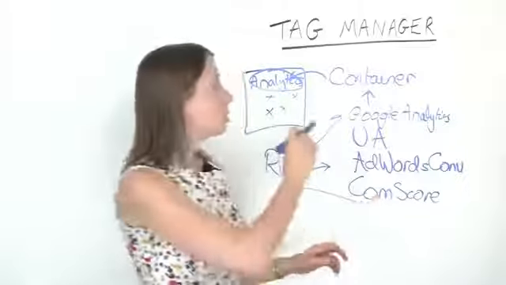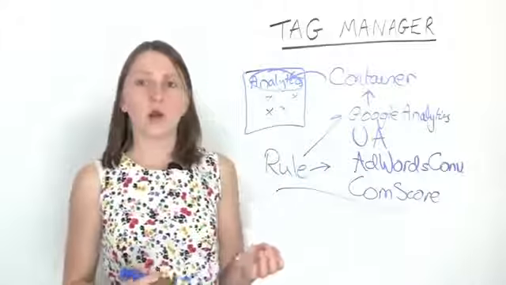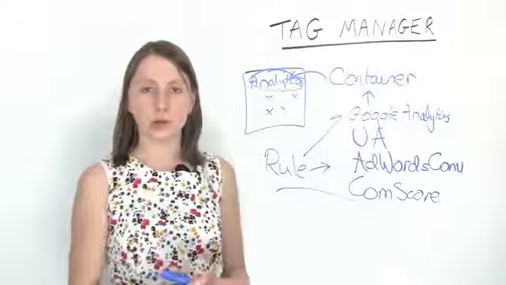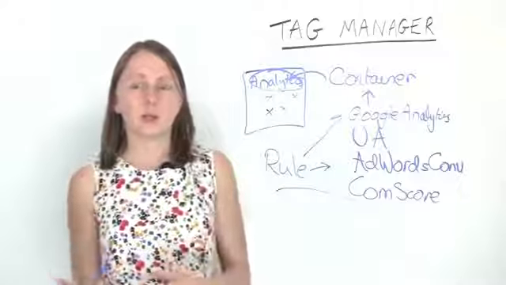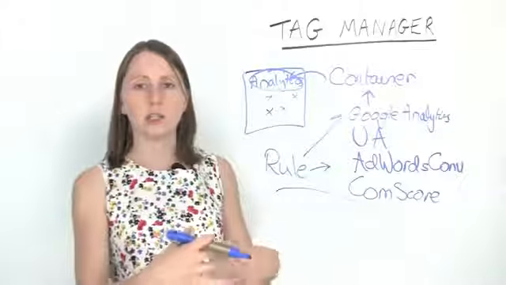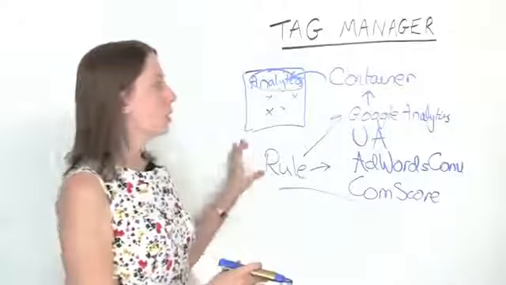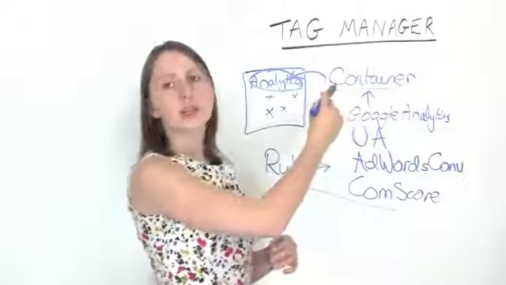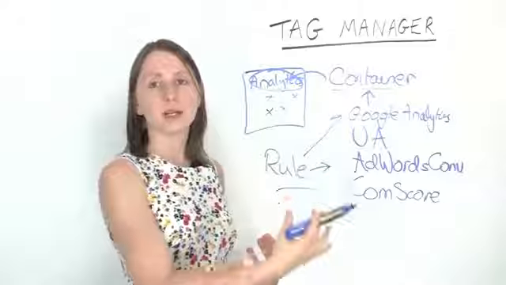And one important thing about this is that tag management software enables you to preview and debug any issues with the code before you put it live on the site. So rather than making an edit to a piece of code, putting it on the site or on a staging site and hoping for the best, you can actually make the changes to your container, test that new version of the container, and once you're happy with it and it's working fine, you then publish that container.